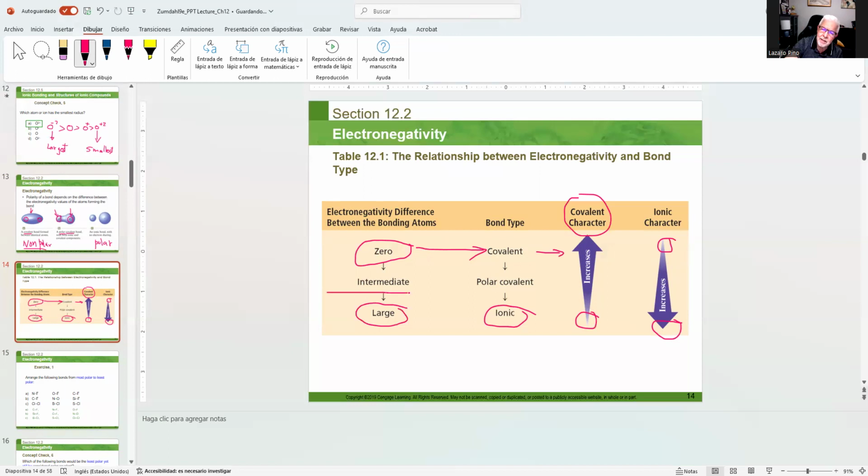And in between, we have the polar covalent, that are two nonmetals that share electrons, but one atom attracts the electrons more to itself than the other one. Which one? The most electronegative.